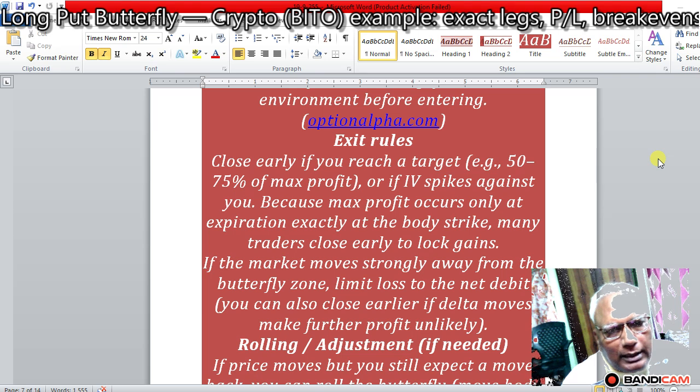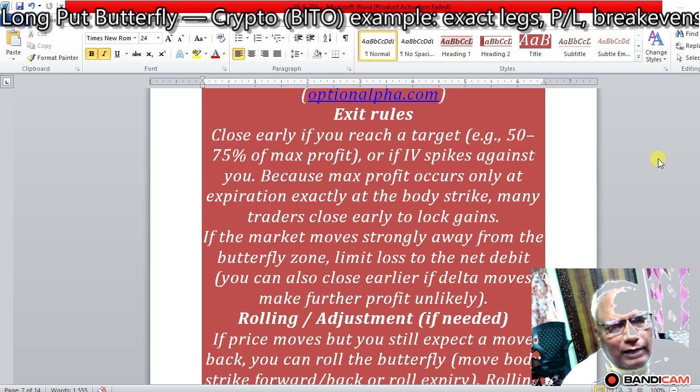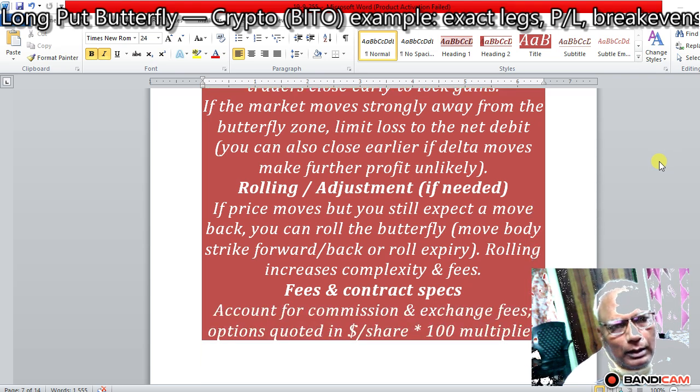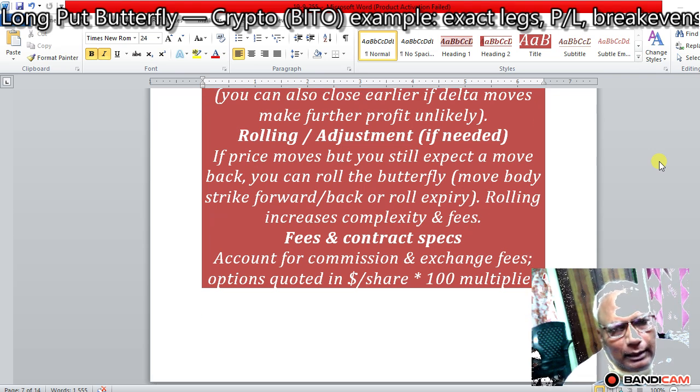If the market moves strongly away from the butterfly zone, loss is limited to the net debit. You can also close earlier if delta moves. Make further rolling adjustments if needed, if price moves but you still expect a move back. Then fees and contract specs.